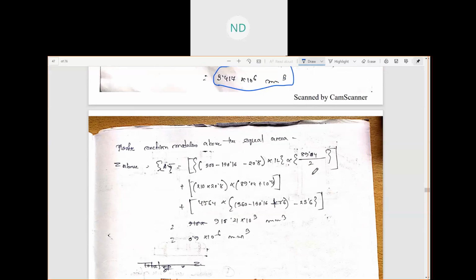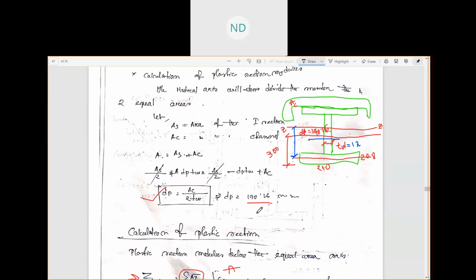I'm considering this to be the first. Area into y bar: y bar is this distance from the z axis to the CG of this channel section, which is somewhere here, this is CYY.